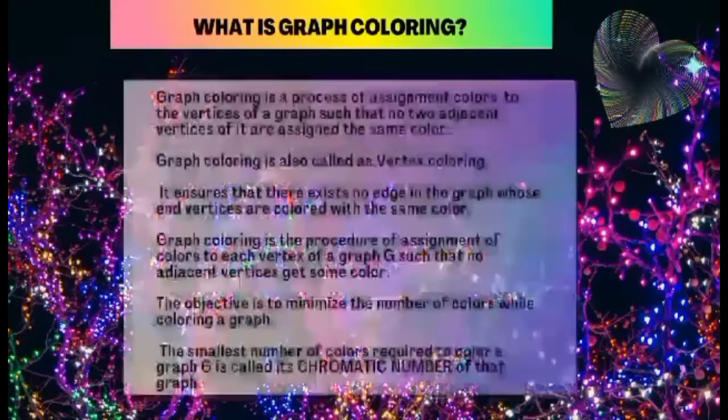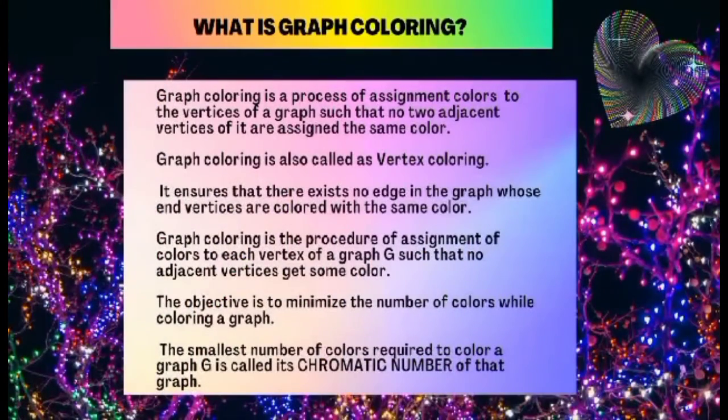What is graph coloring? Graph coloring is a process of assigning colors to the vertices of a graph such that no two adjacent vertices are assigned the same color. Graph coloring is also called vertex coloring. It ensures that there exists no edge in the graph whose end vertices are colored with the same color.